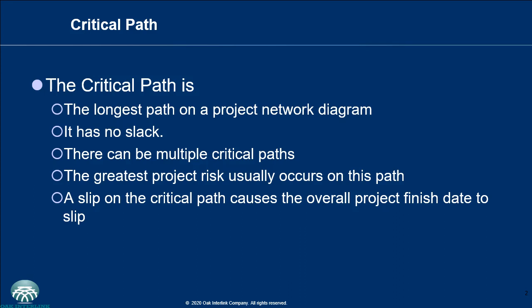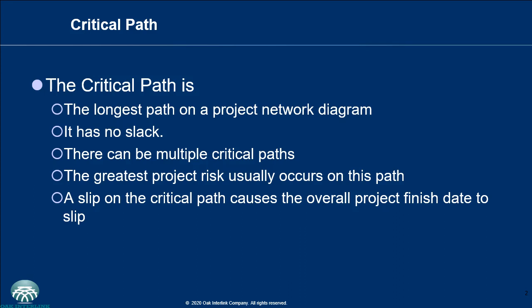Typically, when you draw the network diagram showing how you progress from the start of a project to the end of that project, you would usually have multiple paths leading from the start to the end. There would be at least one of those paths that will be considered critical. So that is the critical path, and these are the characteristics that define that path.